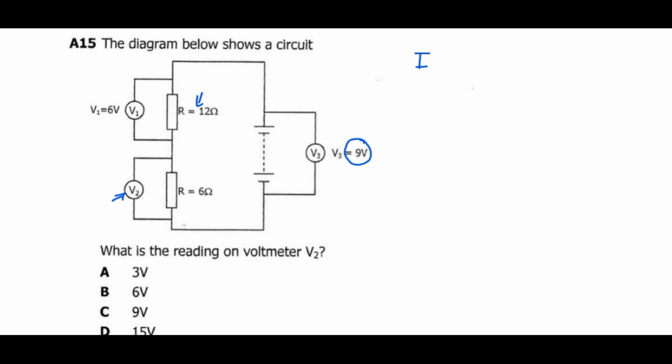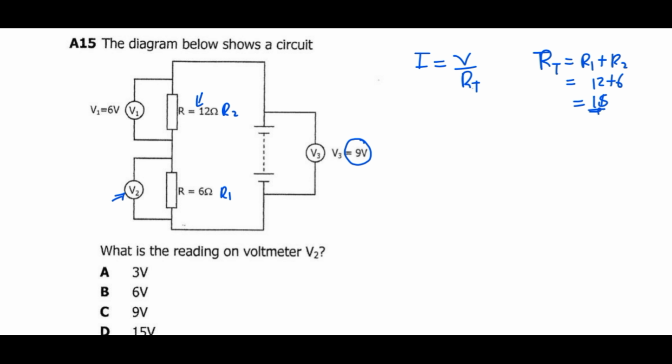So know that current is equal to voltage over total resistance. So we have resistor 1, resistor 2. Total resistance RT is equal to resistor 1 plus resistor 2. So it's 12 plus 6, which gives us 18.